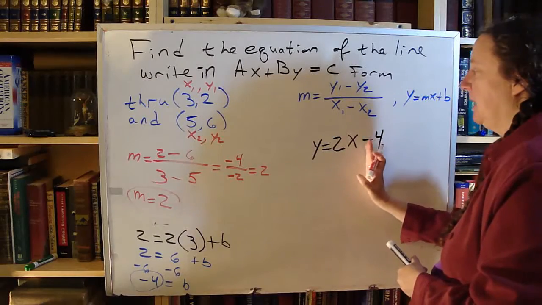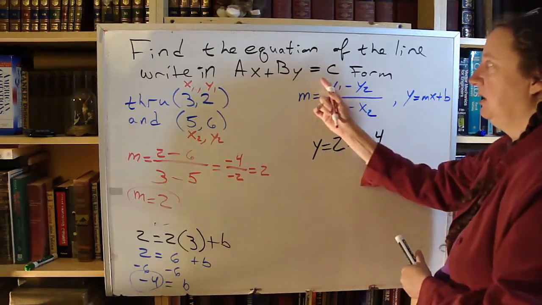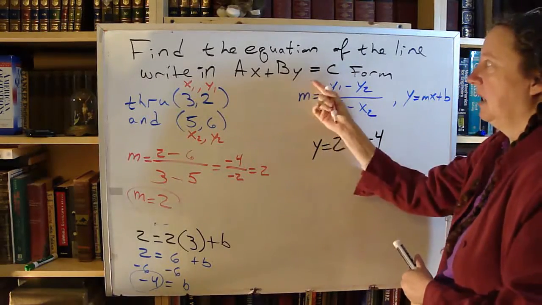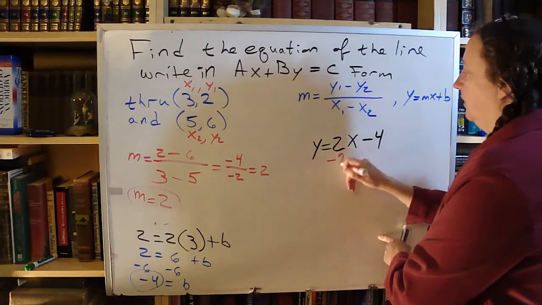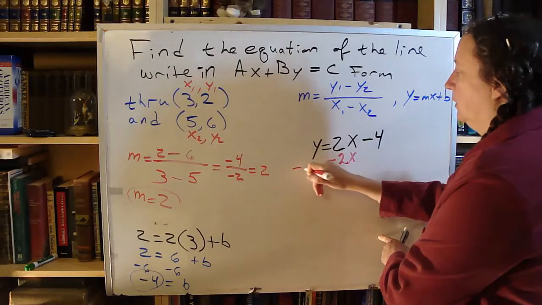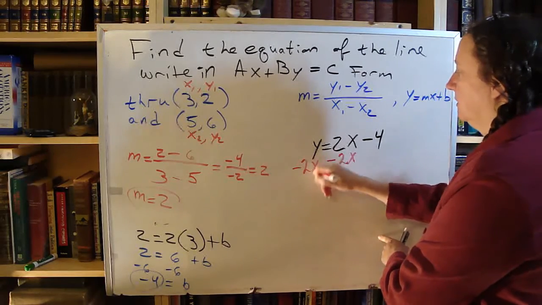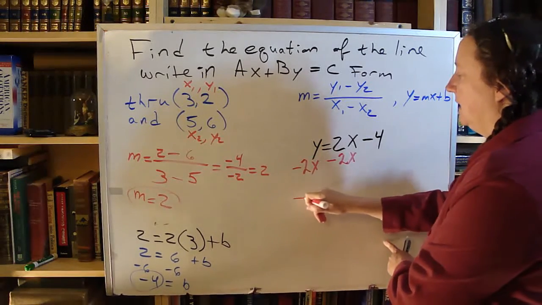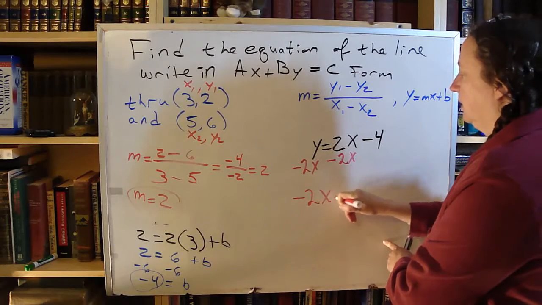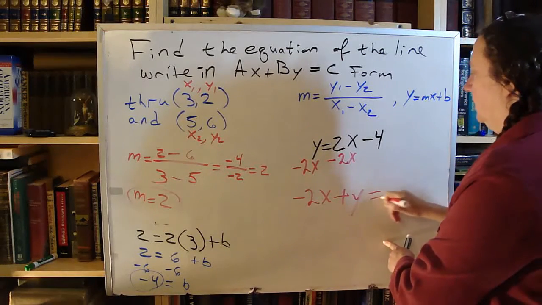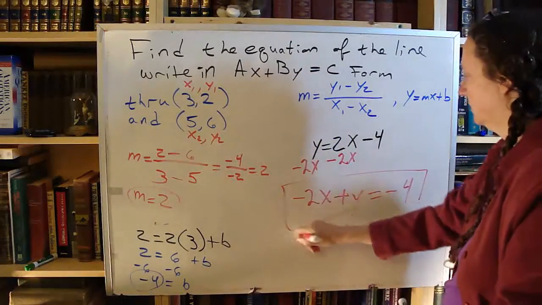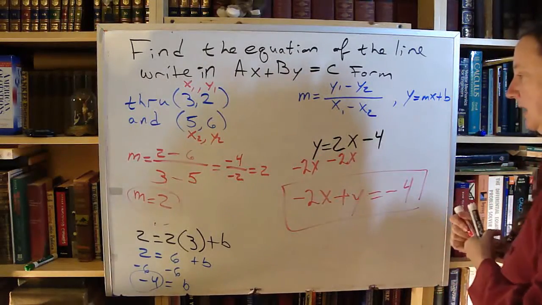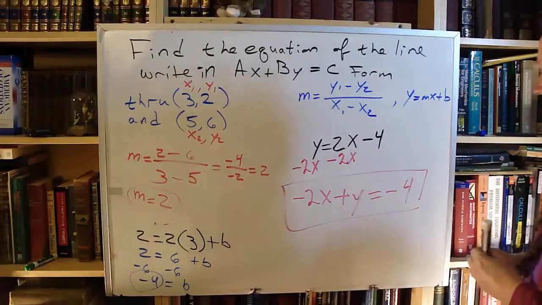I have to get both my x and y onto the same side of the equal sign because I want it to be ax plus by equals c. So I'm going to subtract the 2x. What I do on one side, I do on the other. So now I have negative 2x plus y equals negative 4. And there is my answer. That question is done.